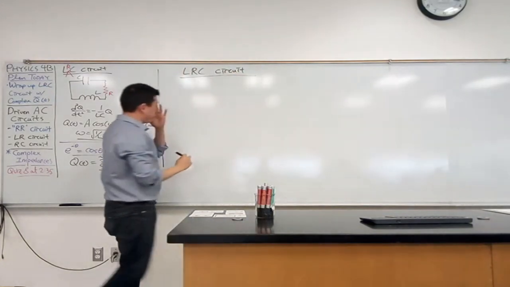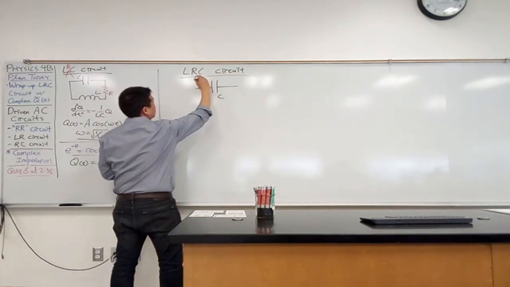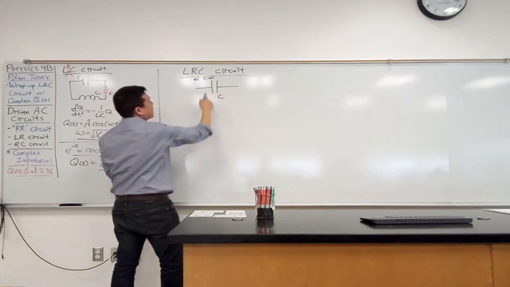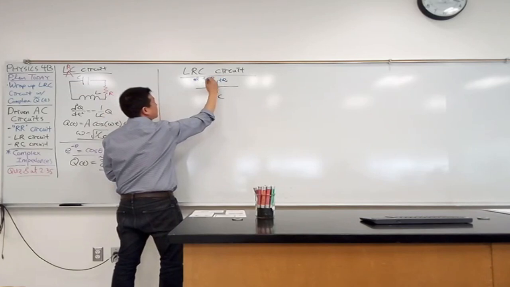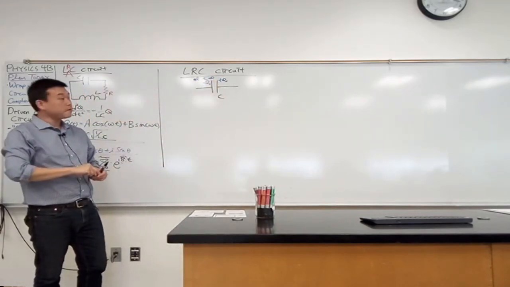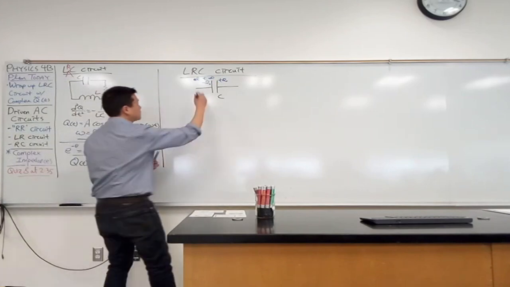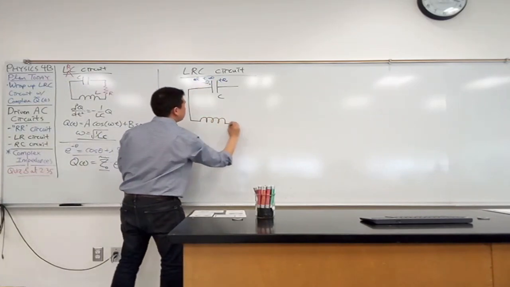You have a capacitor, and let's say at time t equals 0, this capacitor is charged to some positive charge Q naught and negative charge Q naught. So that part is the same as before. And this capacitor is hooked up to an inductor, same as last time.